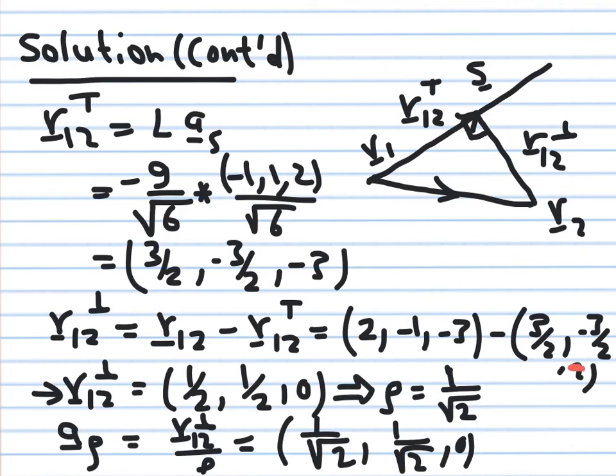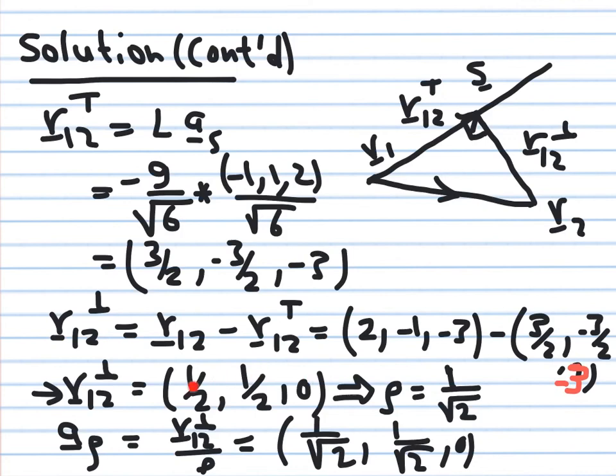So this is minus 3 here, okay? So that's fine. Minus 3 minus minus 3 is going to be 0. 2 minus 3 over 2 will give us 1/2. Minus 1 plus 3 over 2 is going to give us 1/2. So r12 normal is 1/2, 1/2, and 0.